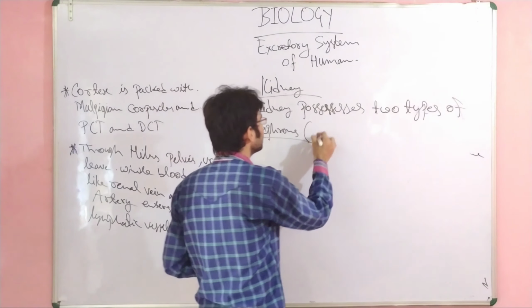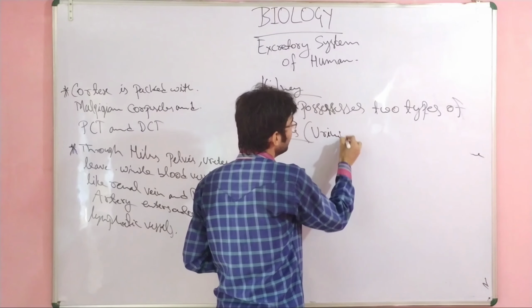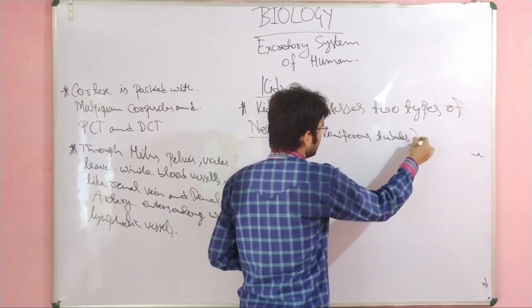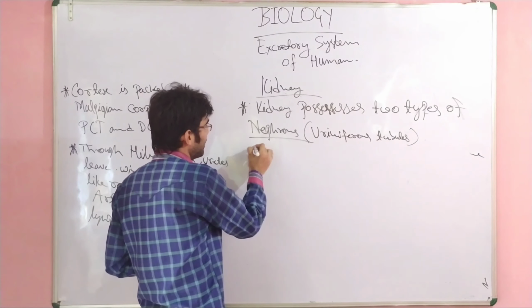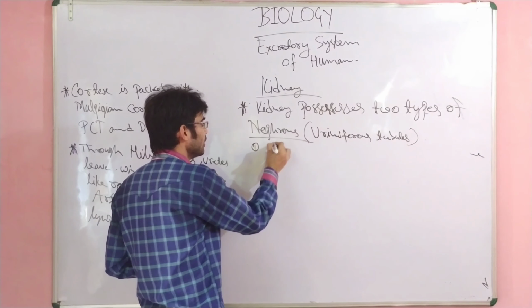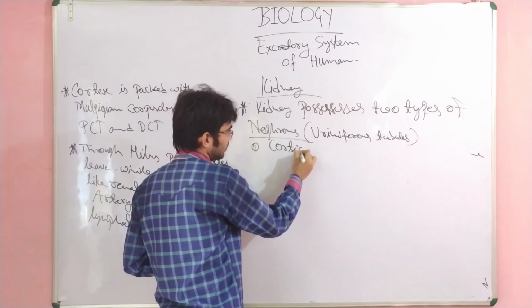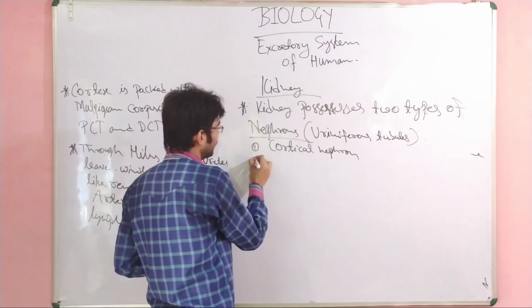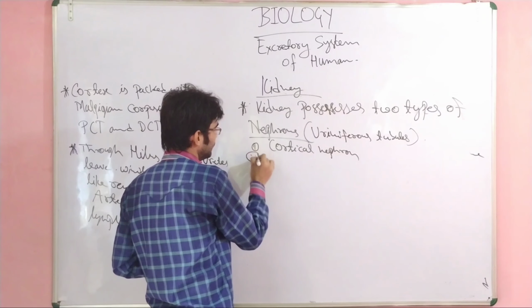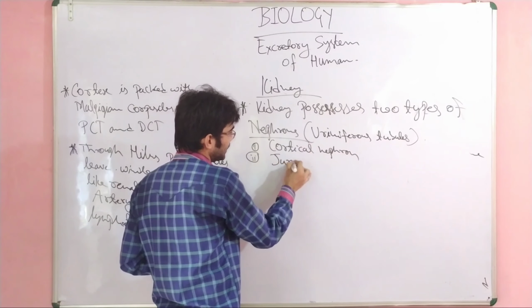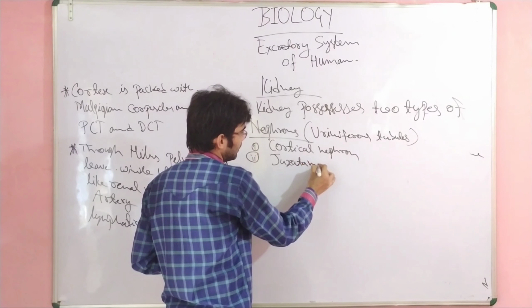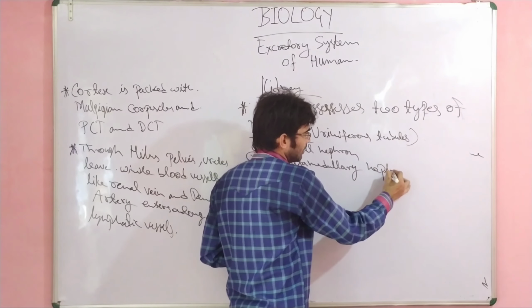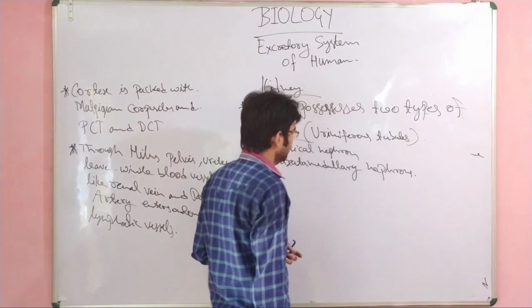It is also known as uriniferous tubules. Two types of nephron, namely the cortical nephron and the second one is the juxtamedullary nephron.